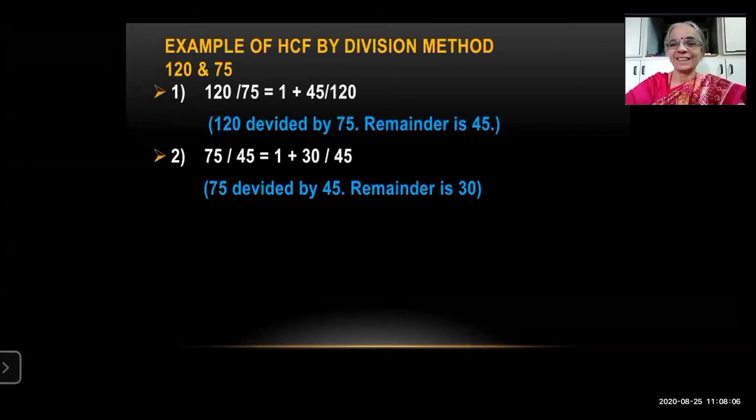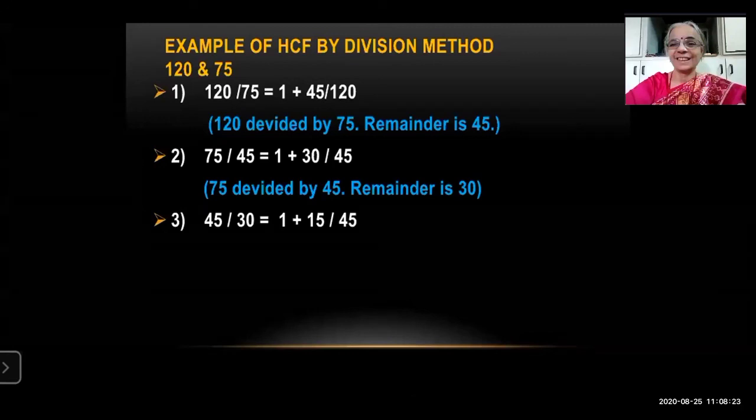Okay. So let us divide 45 by 30. Again 30 ones are 30. Remainder is 15. Still 0 has not come.